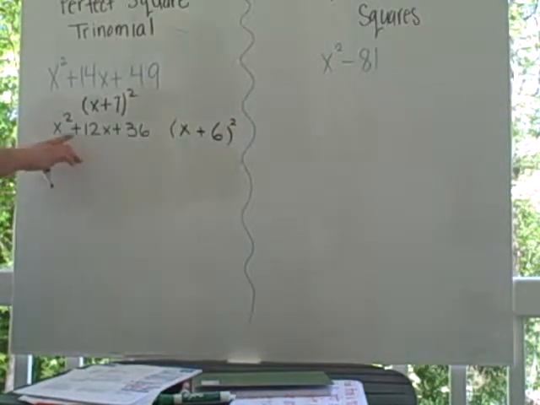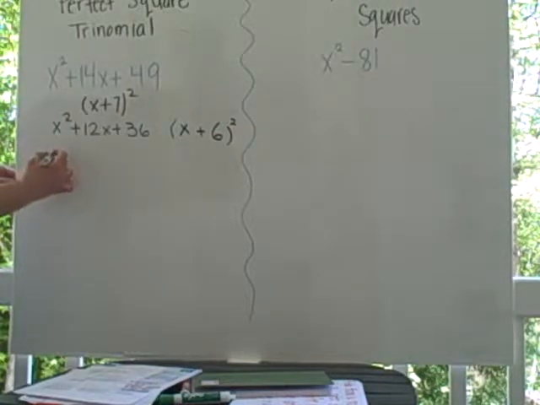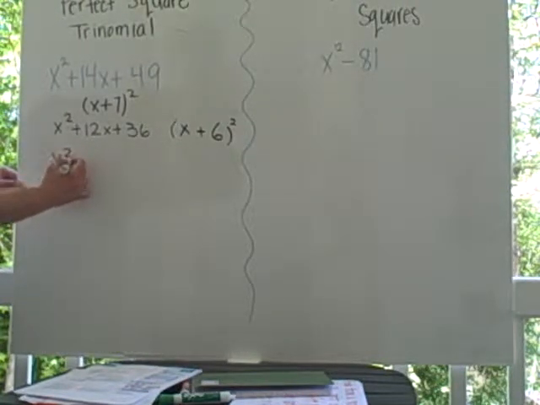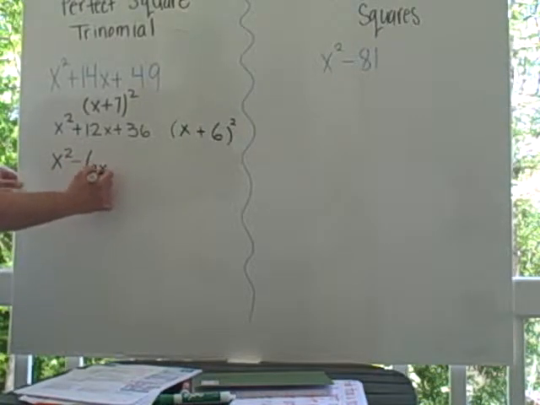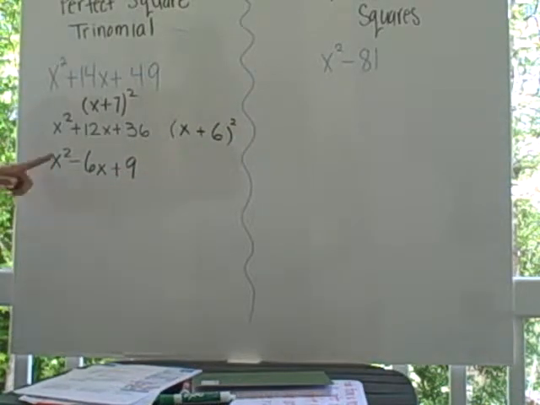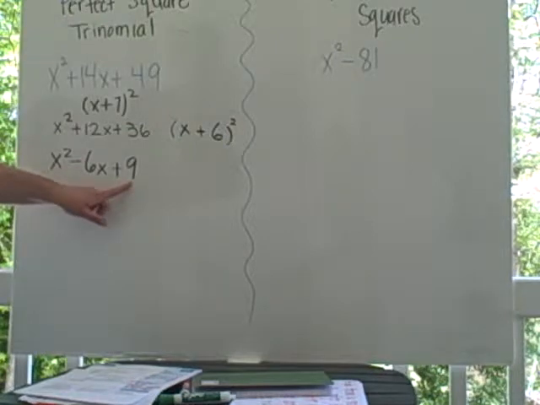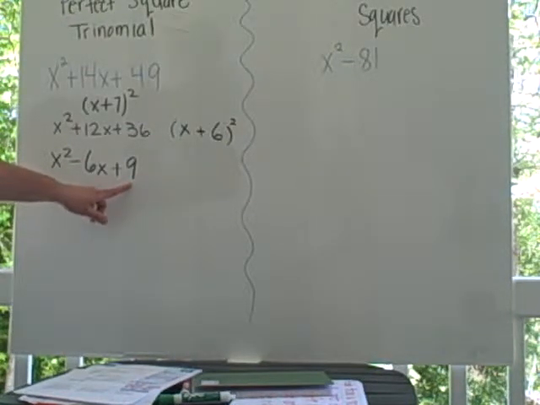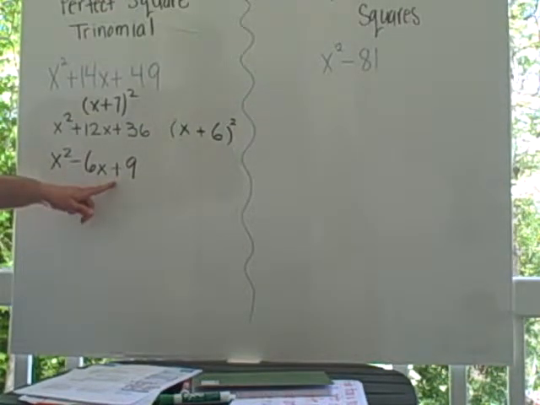Now sometimes this is going to be a negative. Let's take a look at another example. X squared minus 6x plus 9. We look at the back number, which is 9. 9 is 3 times 3, or negative 3 times negative 3, remembering that a negative times a negative is a positive.